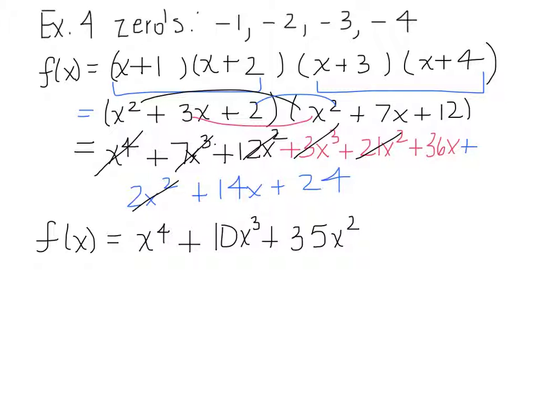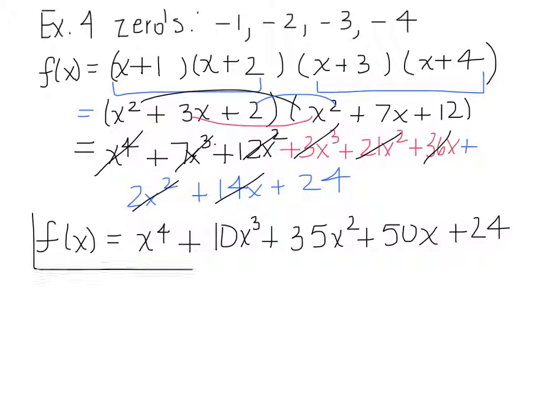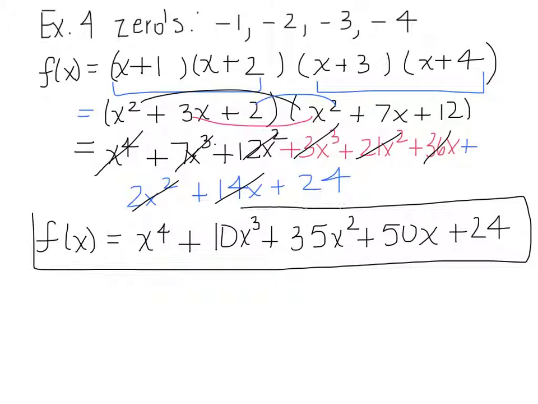And then I have 36 and 14, that makes 50 x. And then last, the 24. And that's my polynomial in standard form. And that's it for day 1.